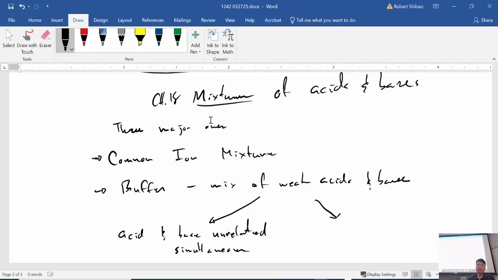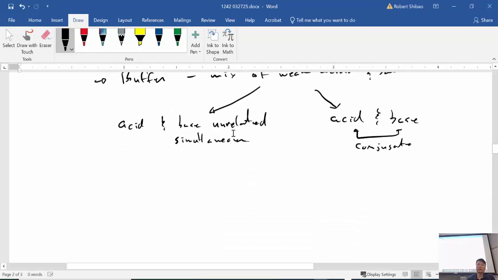However, if the acid and base are conjugate pairs, then it's a special type of buffer.